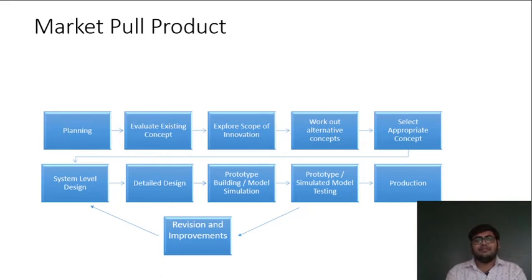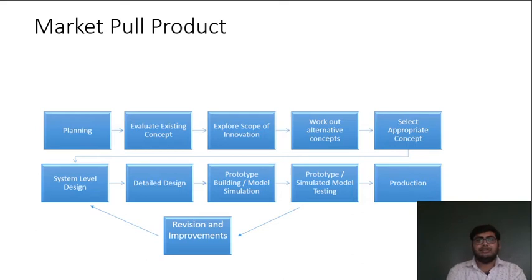So we are producing a product which is new to our organization but is already there in the market. There is a design of the product available in the market. These products are known as new to organization product.